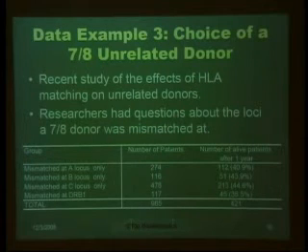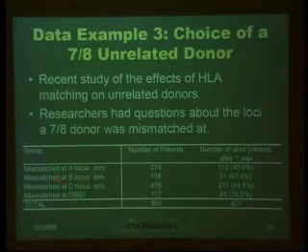So if I have a 7 out of 8 donor, that means that out of 8 loci, 7 were matched and only 1 was mismatched. And this mismatch can be in different loci.